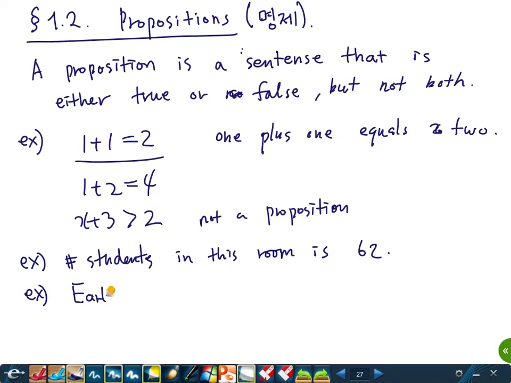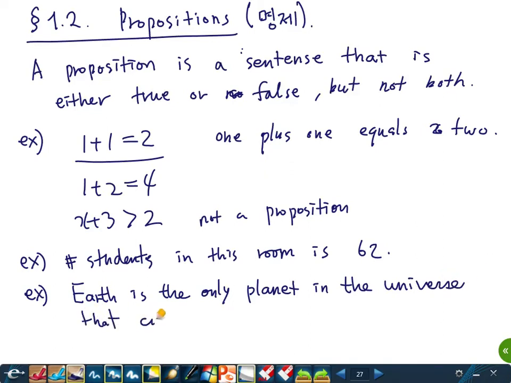Earth is the only planet in the universe that contains life. Is this a proposition? Earth is the only planet in the universe that contains life.